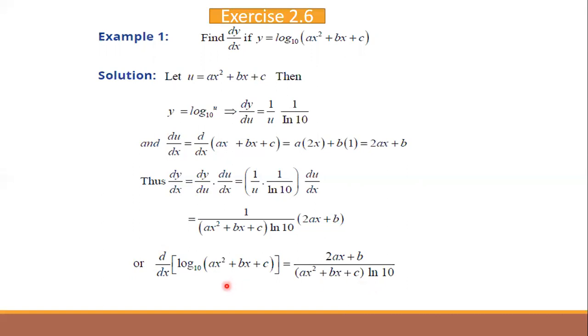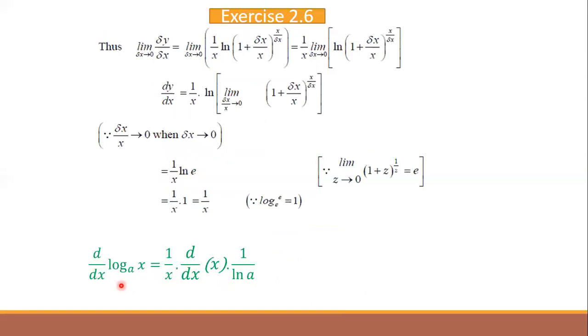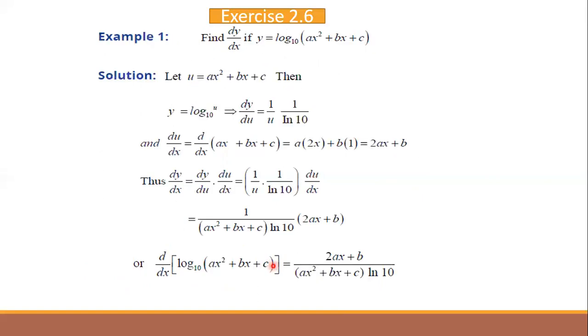Or we can solve this example by a simple formula. According to this formula, d by dx of log of x to base a is 1 over x, d by dx of x, into 1 over natural log of a.